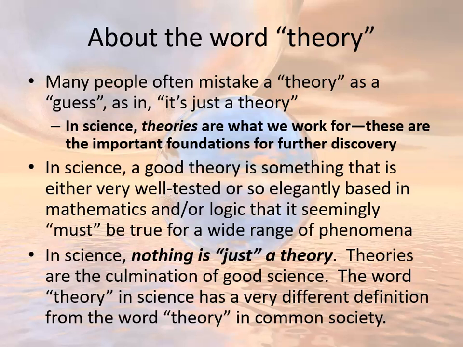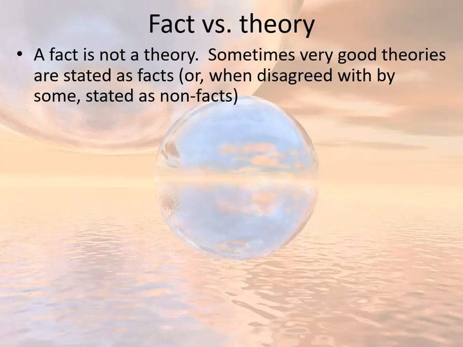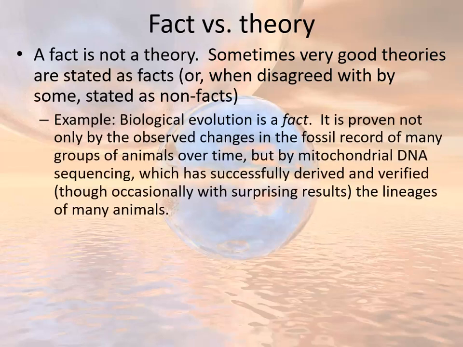When scientists use the word theory, they're talking about something that is the culmination of good science, that takes into account all of the facts and logic and mathematics, etc., to form a testable explanation of why something is the way it is. So, a fact is not a theory. But of course, very good theories are going to be, after a while, stated as facts, or when disagreed with by some people, stated as non-facts.